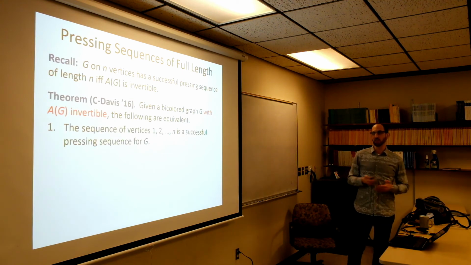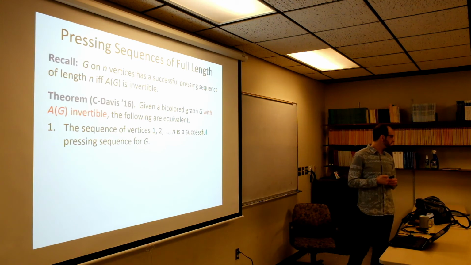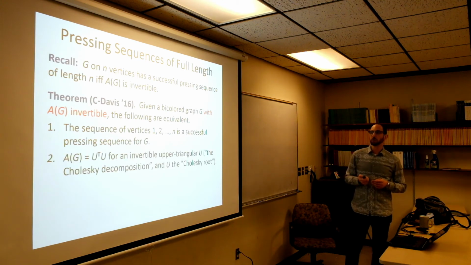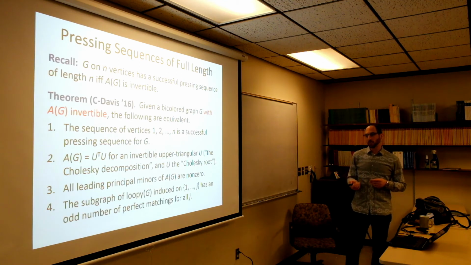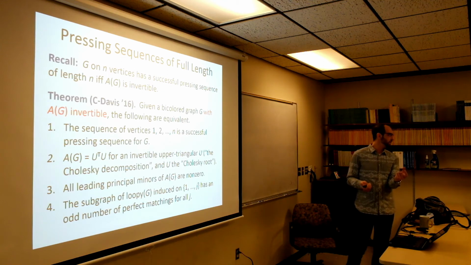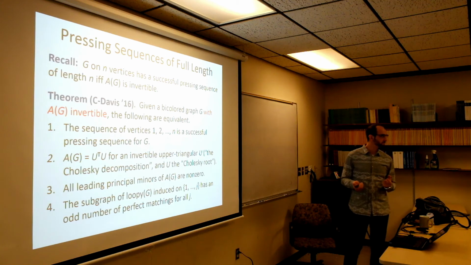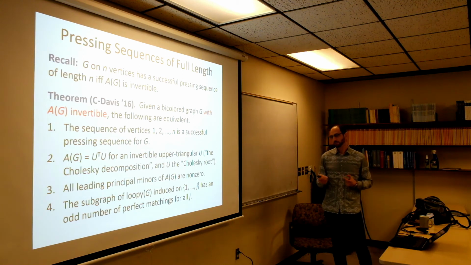The identity permutation as a successful pressing sequence is equivalent to A having a Cholesky decomposition where U is actually invertible upper triangular. All the leading principal minors are non-zero. And the subgraph of the loopy graph induced on any initial segment of vertices has an odd number of perfect matchings. Those are all equivalent to each other.